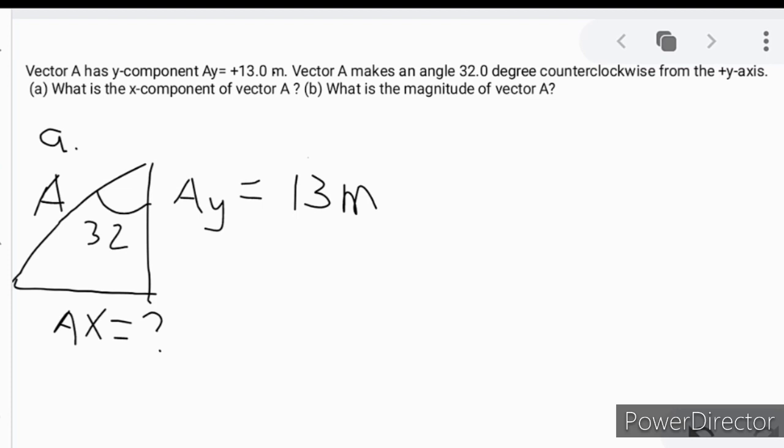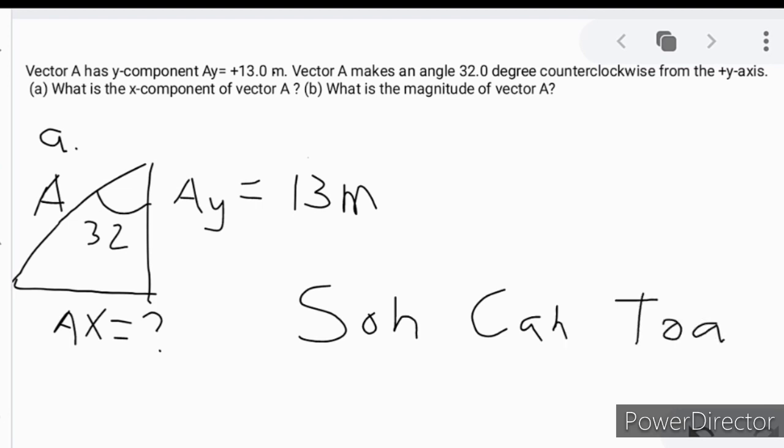Now let us recall our geometry class before. In terms of triangles, it involves SOHCAHTOA, or sine, cosine, tangent.